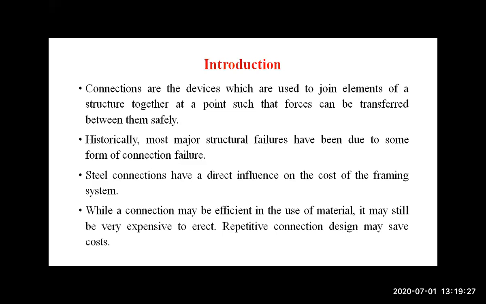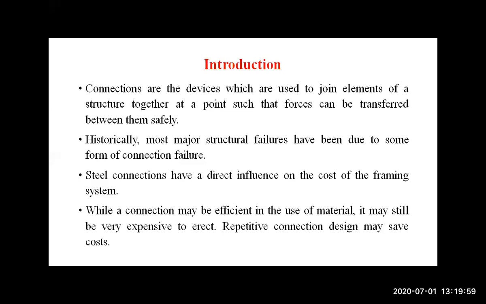For example, we have formed a connection of beam and column in a steel structure, and due to shear force coming on the joint face, the bolts may fail due to shear failure. Also, if the welded connection is there, the connection fails due to shear force. So the various structural failures are in connections only.